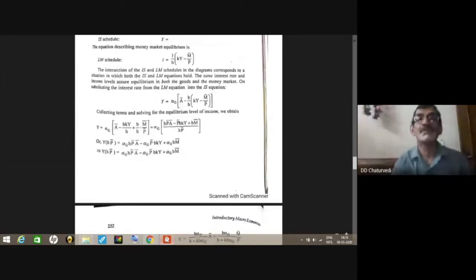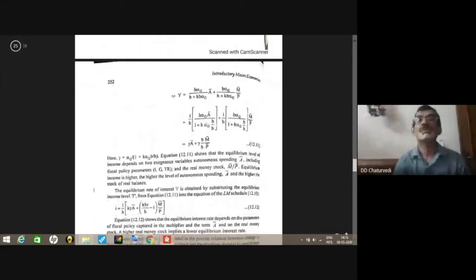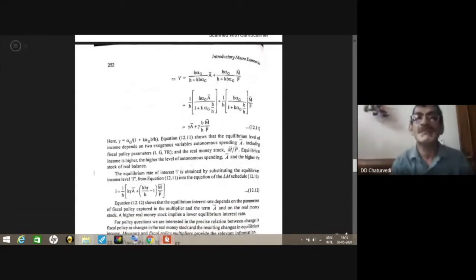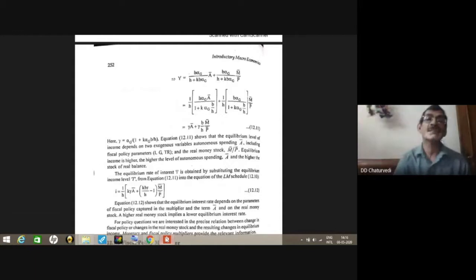Here what we have done is collect terms involving Y, take them to the left hand side, and then we shall be able to get the value of Y. And so Y is before you, and after simplification this gives us equation number 12.11, Y equals gamma A bar plus gamma B upon H M bar divided by P bar, where the value of gamma is equal to alpha G divided by 1 plus K alpha G B divided by H.